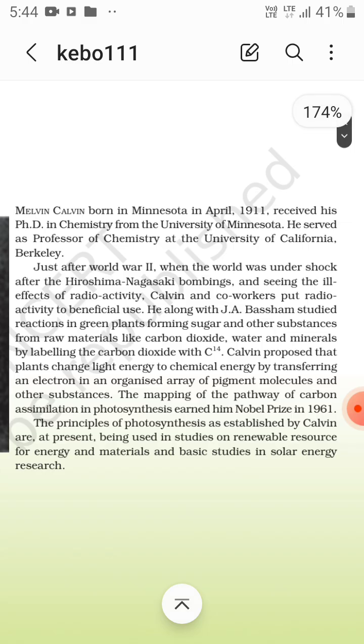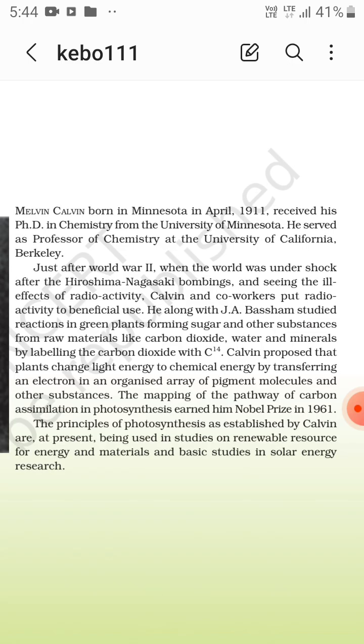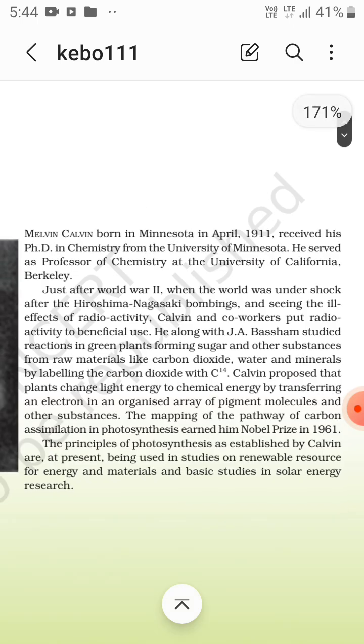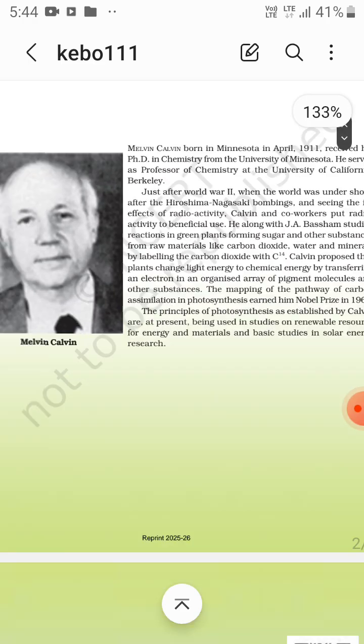Okay, Calvin and co-workers put radioactivity to beneficial use. So this is Melvin Calvin.